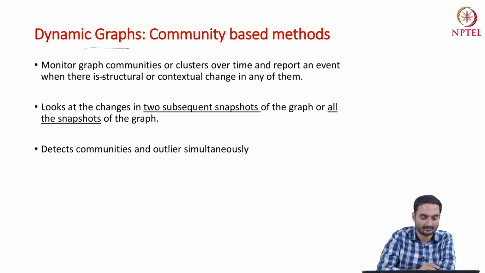It monitors graph communities or clusters over time and reports an event when there is a structural or contextual change in any of them. It looks at the changes in two consecutive snapshots of the graph or all the snapshots of the graph. Detect communities and outliers simultaneously.